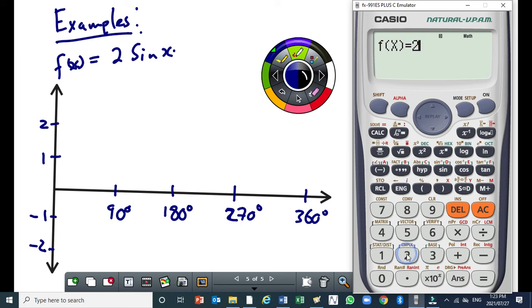So I'll put 2, then press sine first, then I'll press alpha x, then I'll close the bracket. So I have my function there. Are you following that?